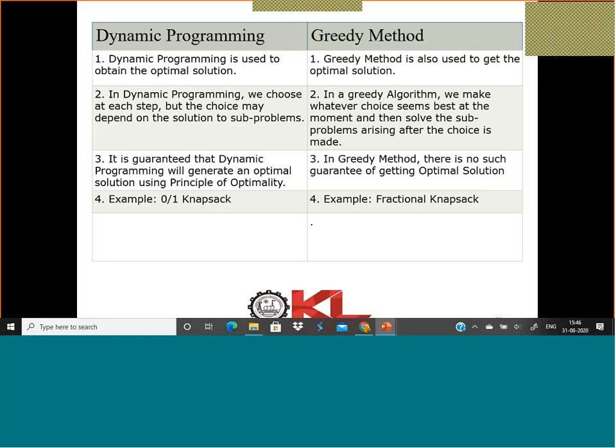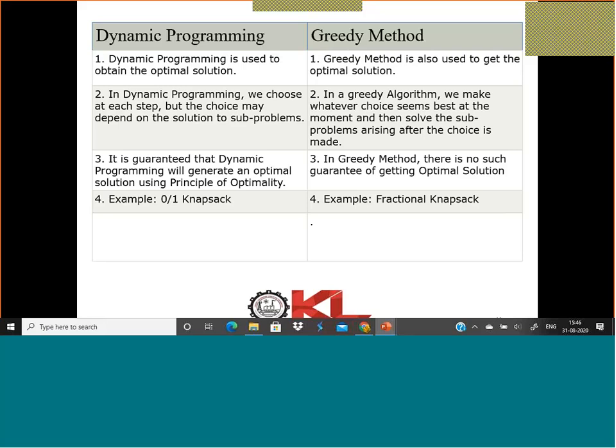I'll tell you why you get this situation. Even in our life, sometimes we are unable to take a decision. We'll be in a dynamic situation. Maybe the decision is corrected in the later stages, but in the greedy method, you have to take a decision. So that will not work for all problems.